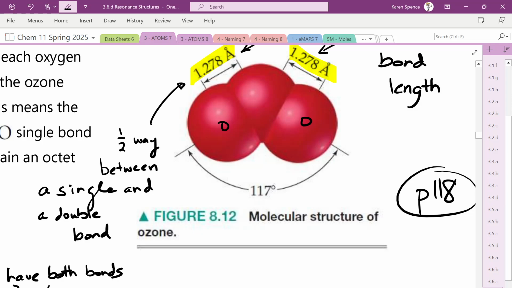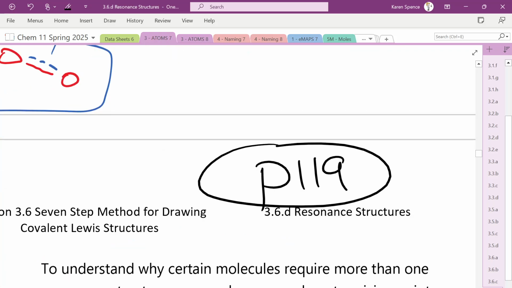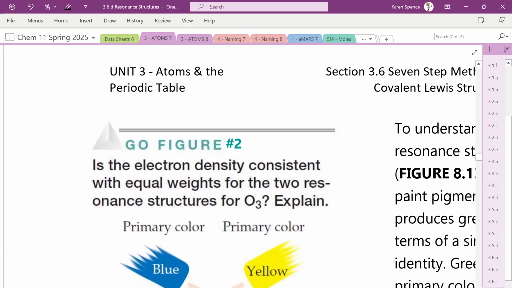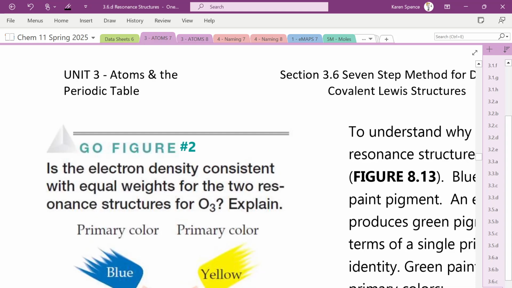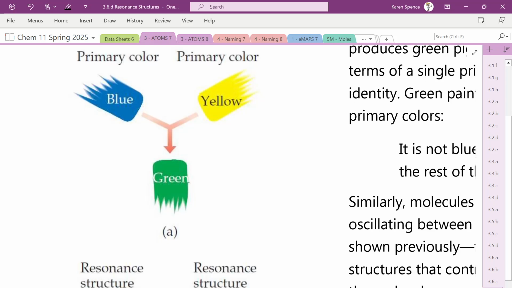So it's not like it's a single bond some of the time and it's a double bond some of the time. What it really is, it's like if you have yellow and blue and you mix them together, you don't get yellow, blue, yellow, blue, yellow, blue. You don't get like stripes. You get green. Okay?